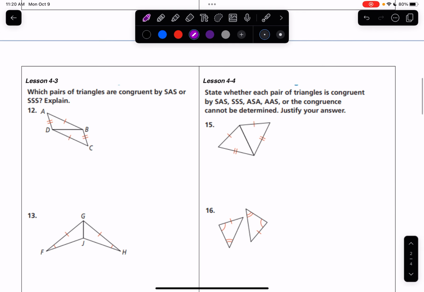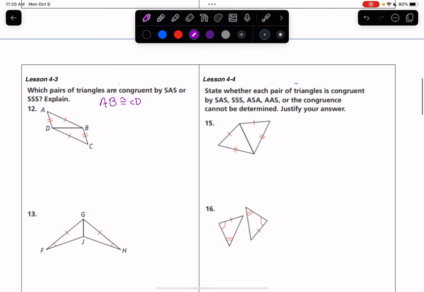So down to triangle congruence. Which pair of triangles are congruent by side, angle, side, or side, side, side? Well, in this diagram, we've got an angle pair, a second angle pair, and then DB. So I know that AB is congruent to CD, and I know that AD is congruent to BC. Those two are given.